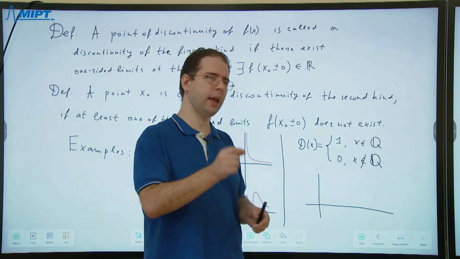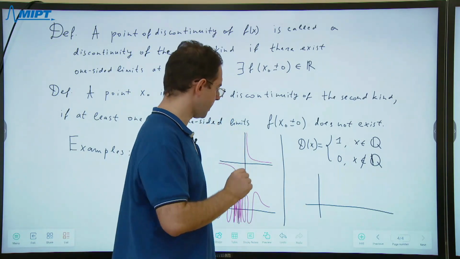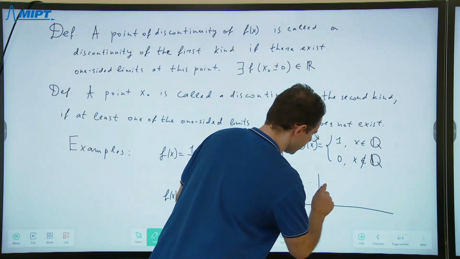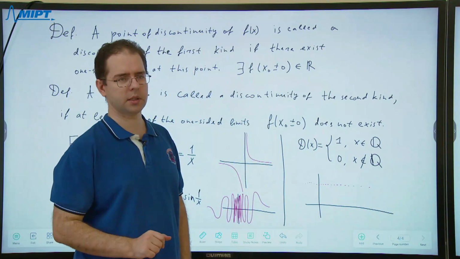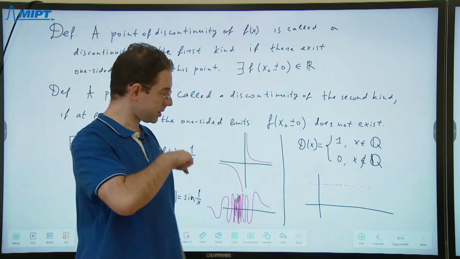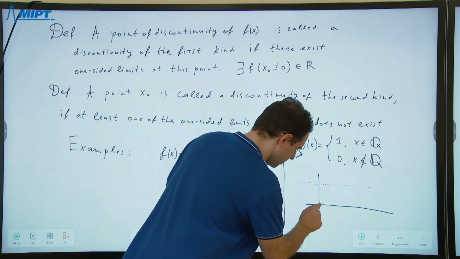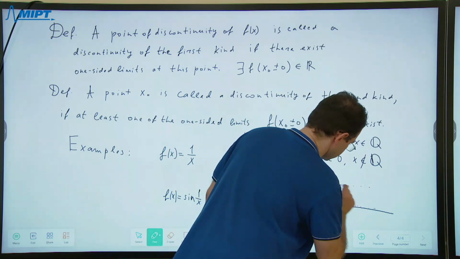So in any neighborhood of any point there is a rational number. So everywhere dense we have these points where the function equals 1. But also the same is true for points where the function equals 0.